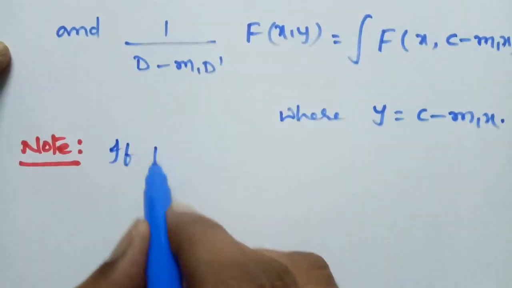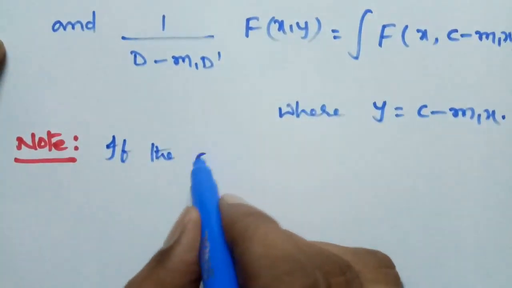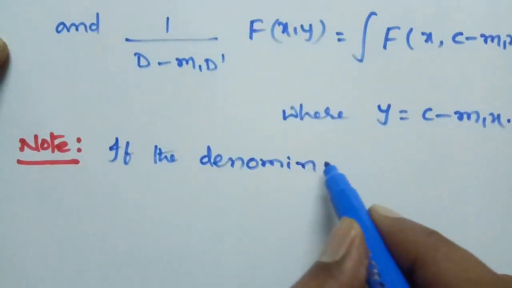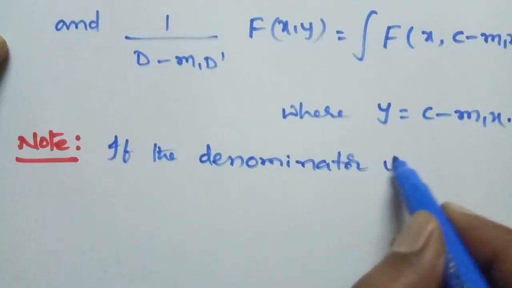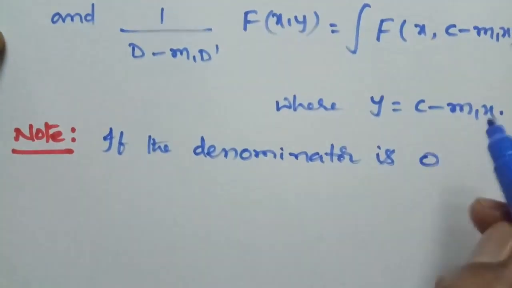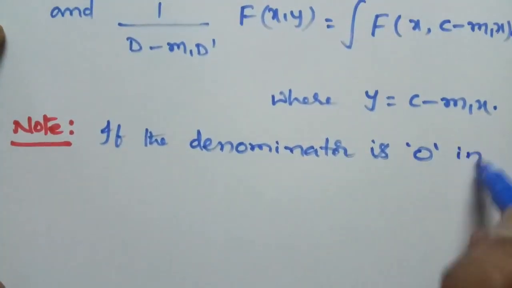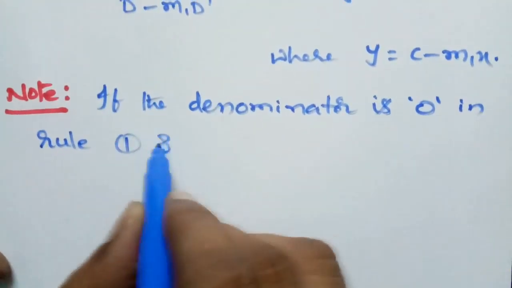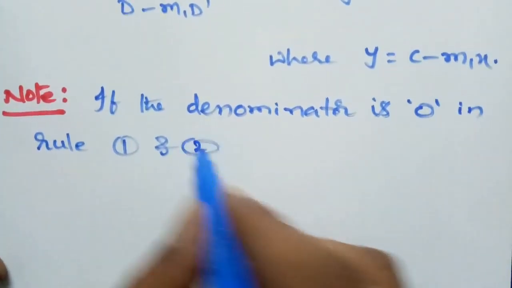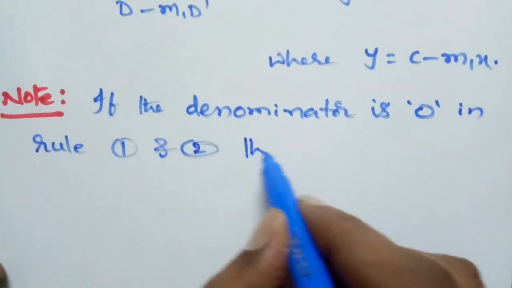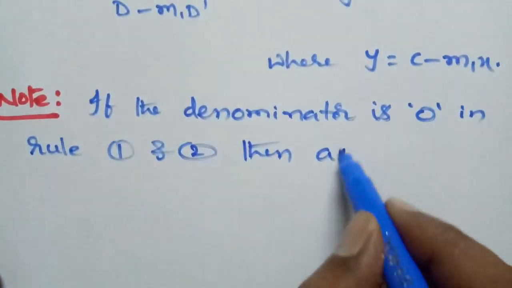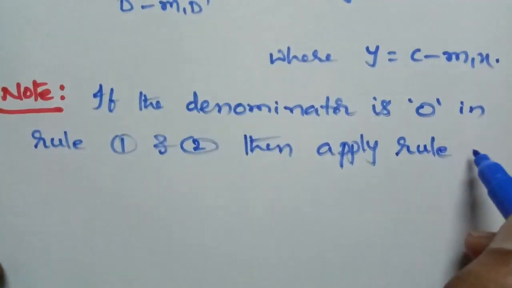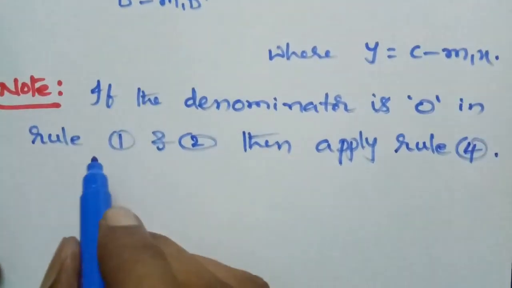If the denominator is 0 in rule 1 and 2, then apply rule 4.